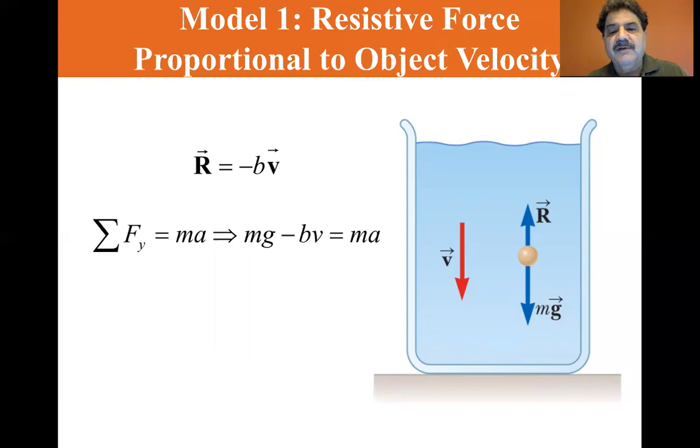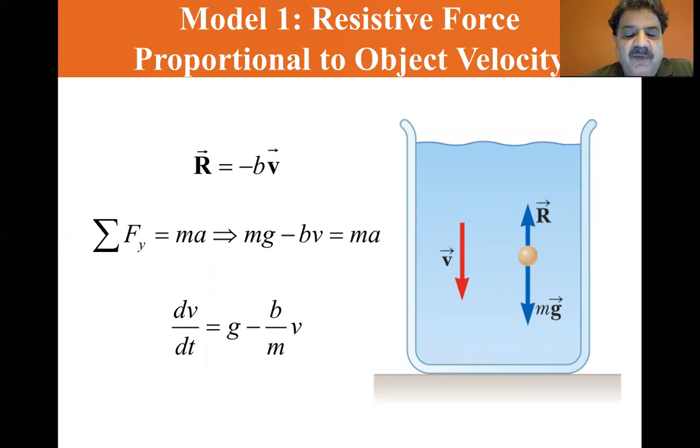So the acceleration of the sphere is downward. We solve for a, and we note that a is equal to dv/dt, the change in velocity over time. So we end up with a differential equation that contains both velocity and the derivative of velocity.